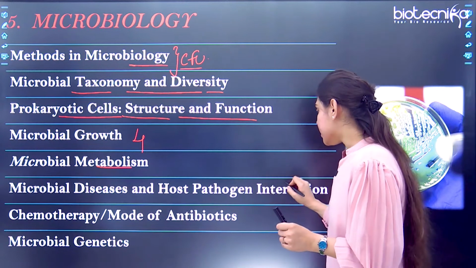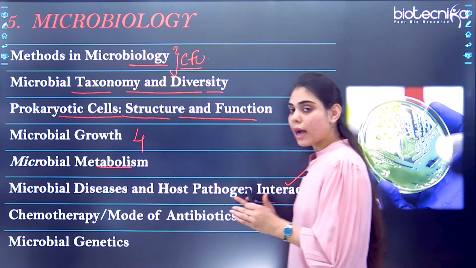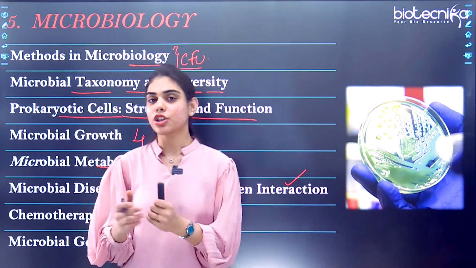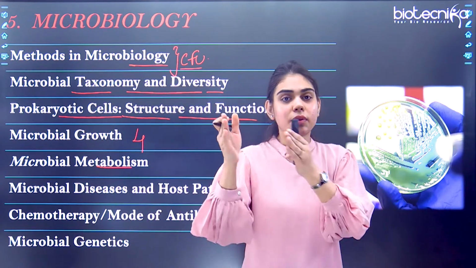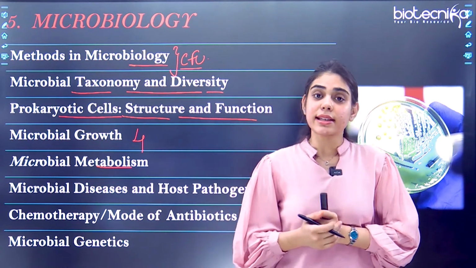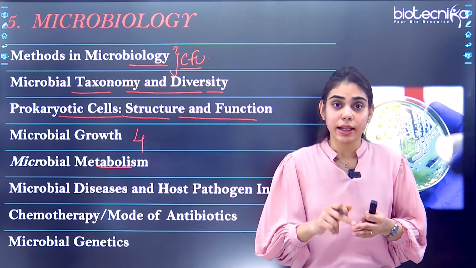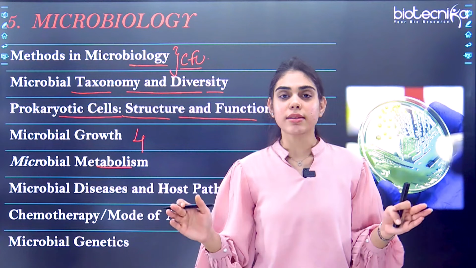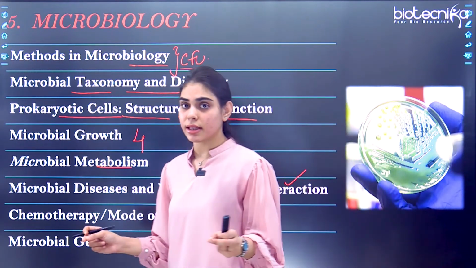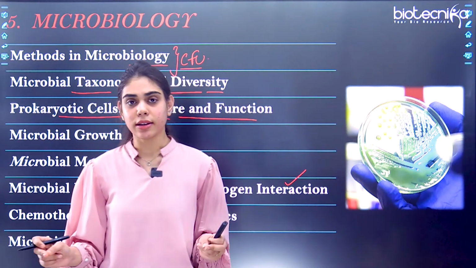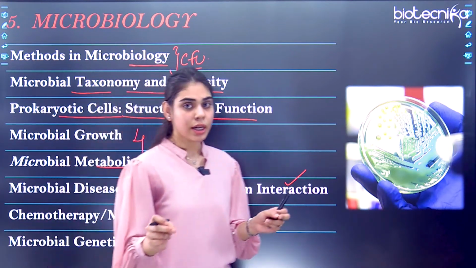Microbial diseases and host pathogen interaction: this portion is asked in match the following form. They give you the name of the pathogen and the related disease it is causing in plants, animals, and humans, because we are considering microbiology here. So pathogens which cause diseases in any of the hosts, whether plant, animal or human.